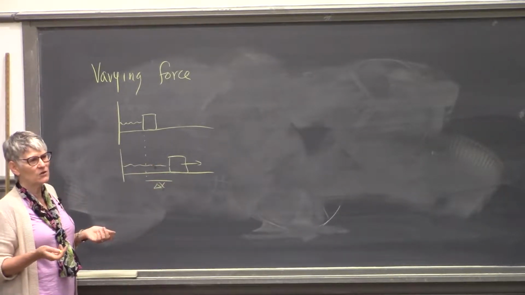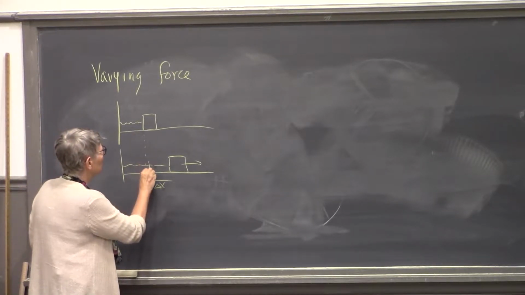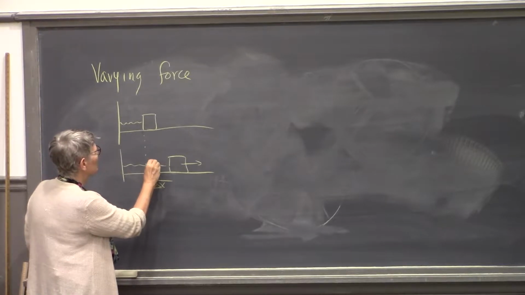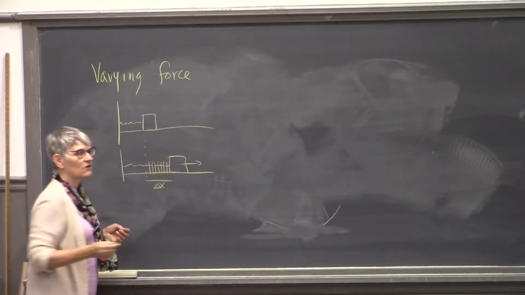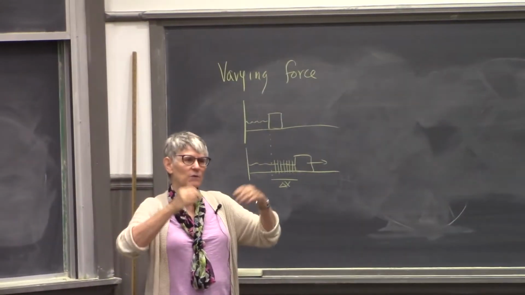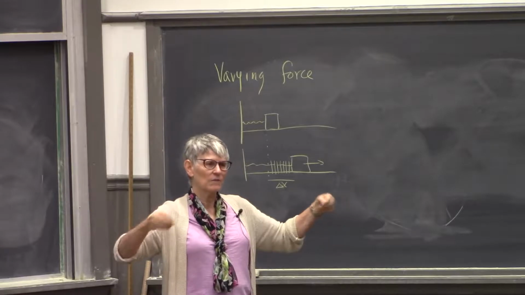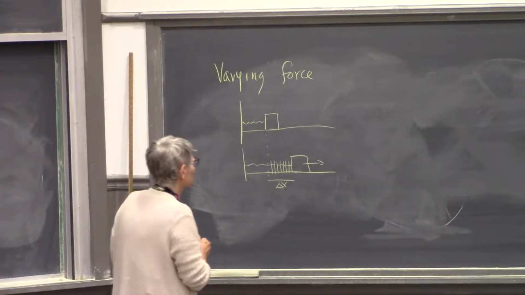Or what we could do is divide up the displacement into little teeny steps. In this case, we're taking little steps in distance, not little steps in time, but it's the same thing we've been doing all along, F delta t's. Well, we can do F delta x's.